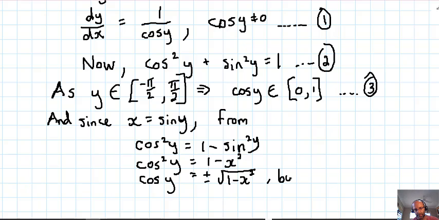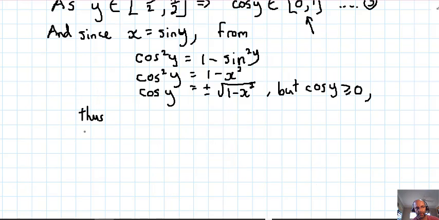But cos of y must be at least 0, so it's generally positive. Thus we take only the positive result. So cos y is the square root of 1 minus x squared.